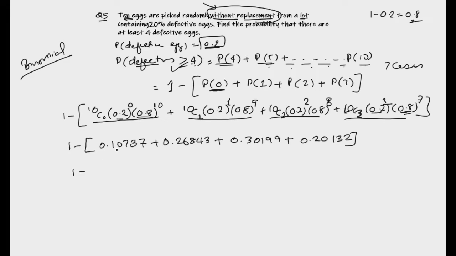And if all of them are added, we get 0.87912, and finally we get 0.12088, and if we want to round it off, did they say any? No, they have not. So we can write it 0.1209, 4 decimal places.